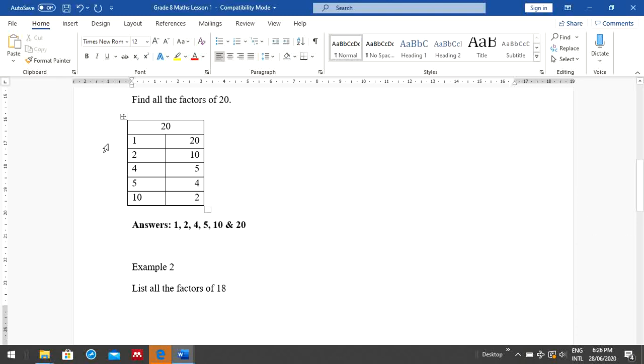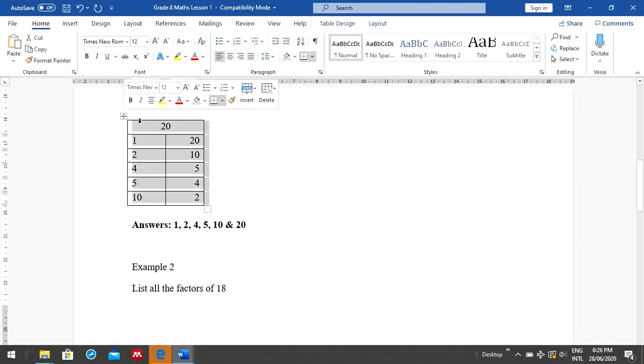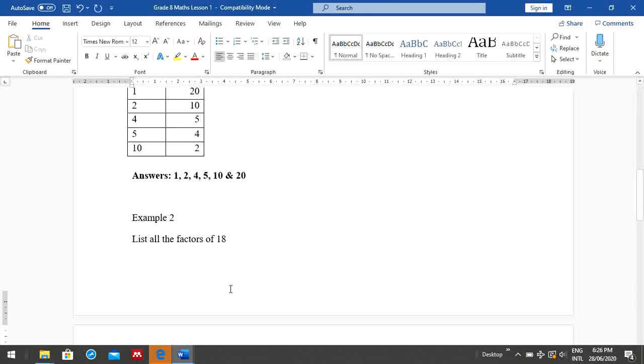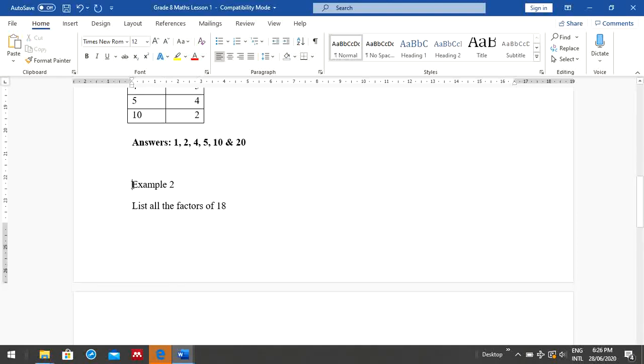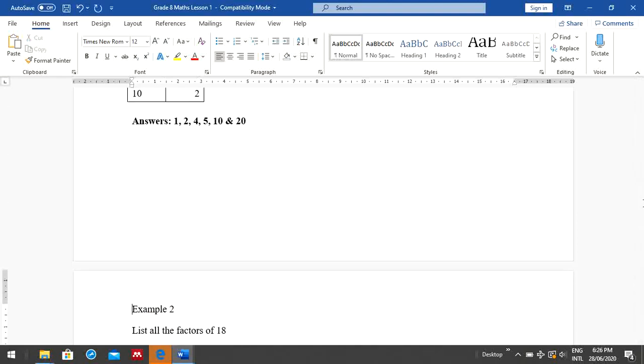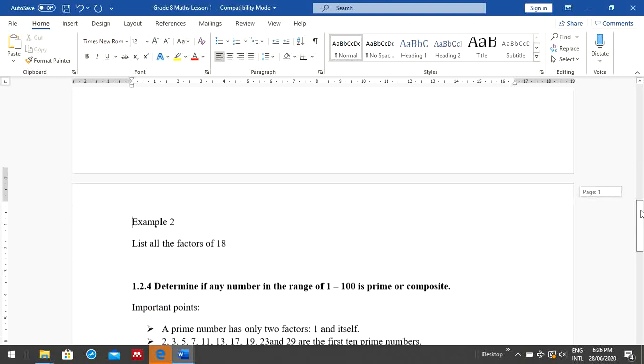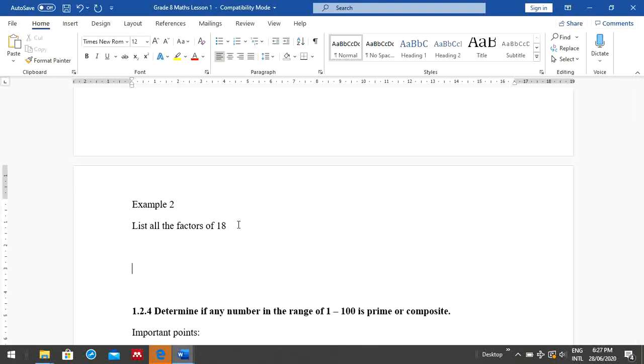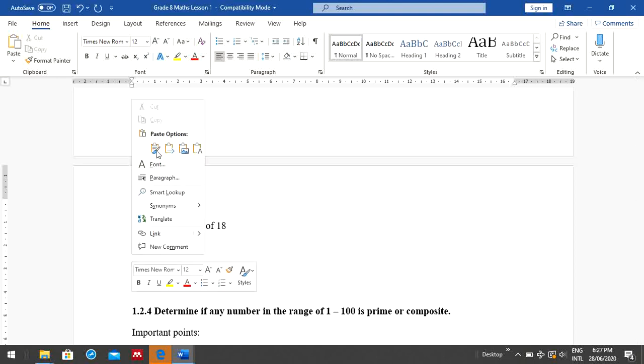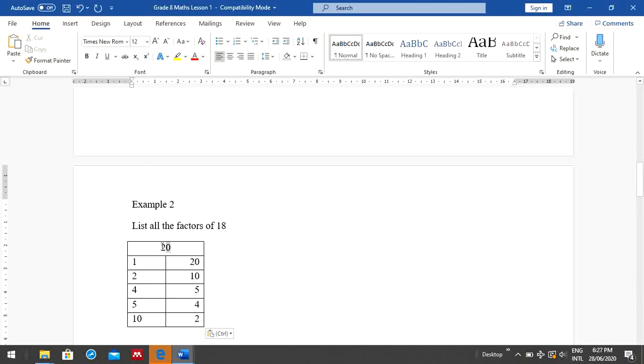Okay, so we're just going to copy this table as it is. We don't want to draw another one, so we bring it down here. Seems like we need more space, so we paste it down here, and instead of 18, we empty all that.